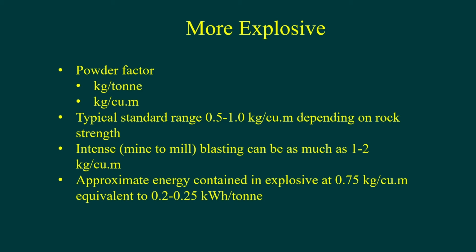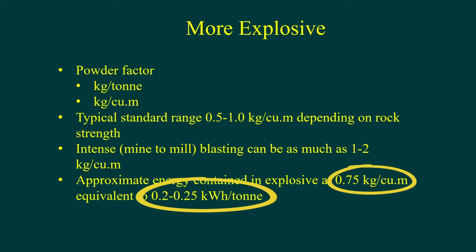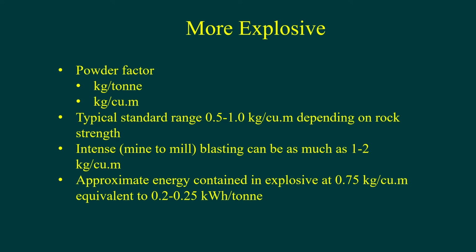And just to give you some idea of how much raw energy is in that blast, if we convert that raw energy into the units of kilowatt hours per ton, then if we look at 0.75 kilograms per cubic meter, which arguably is the average standard blast, and presume that all the chemical energy goes into breaking of the rock, you're looking to put into comminution something like between 0.2 to 0.25 kilowatt hours per ton.